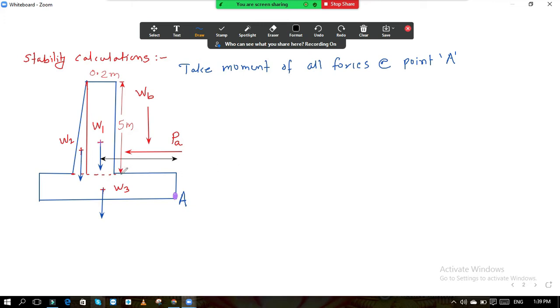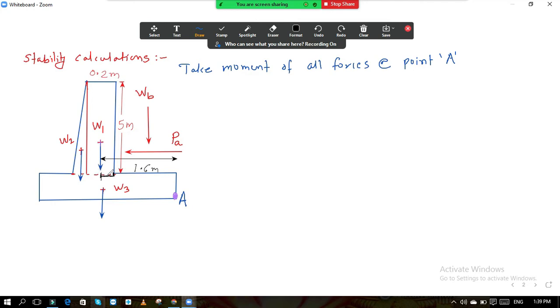So now how much is that distance? This is already known to us. This is 1.6 meter that we have already calculated. Plus you need to add this much distance. See, we have divided this into a rectangle.